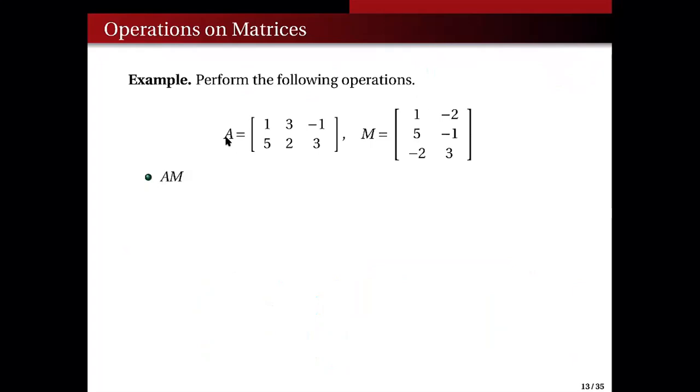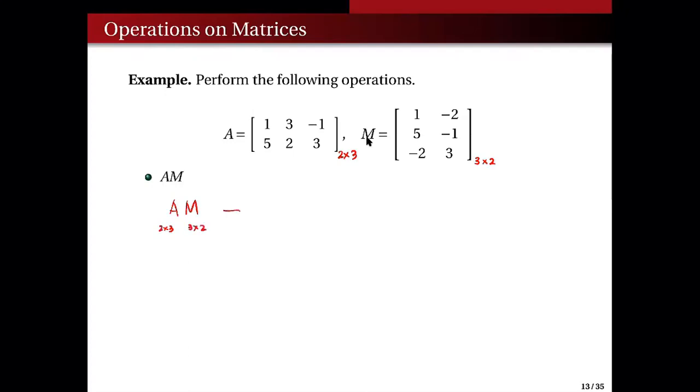A here is 2 by 3, 2 rows, 3 columns. M here is 3 rows by 2 columns. Left factor is A, right factor is M. So AM: this is 2 by 3, and M is 3 by 2.